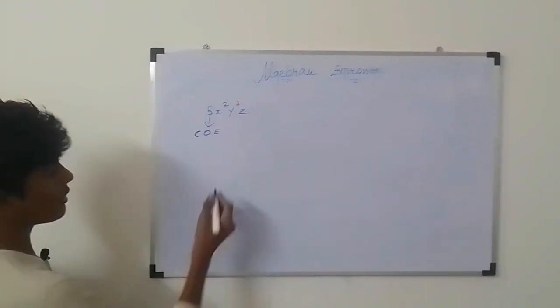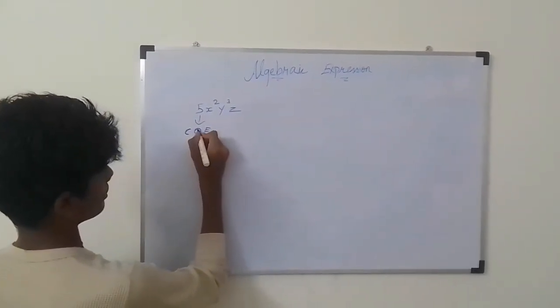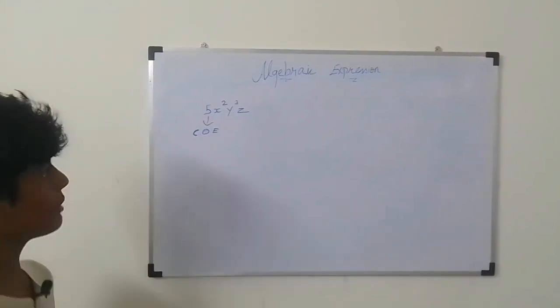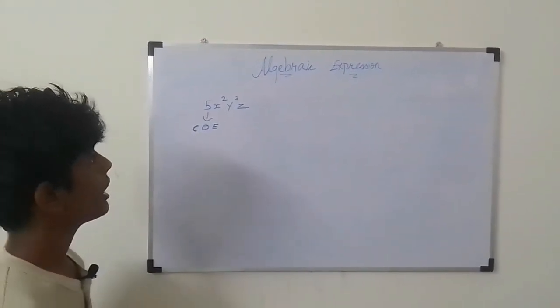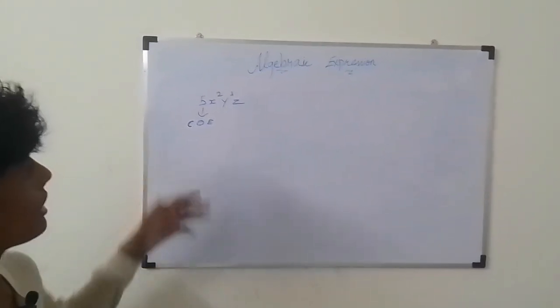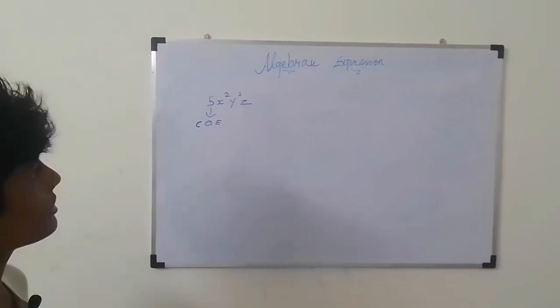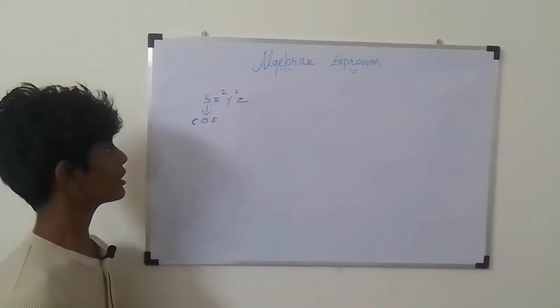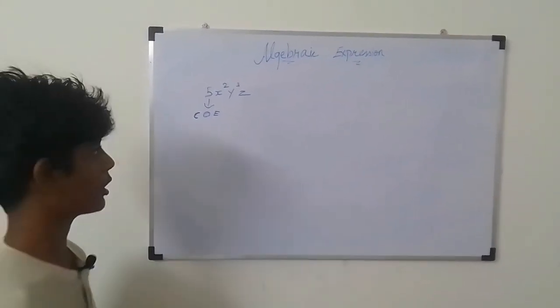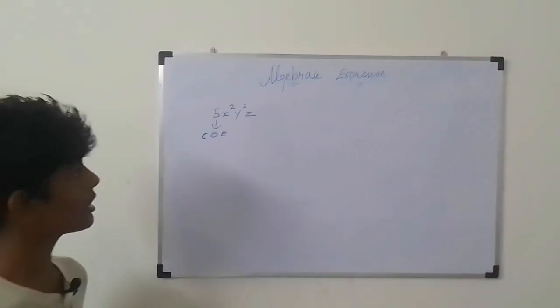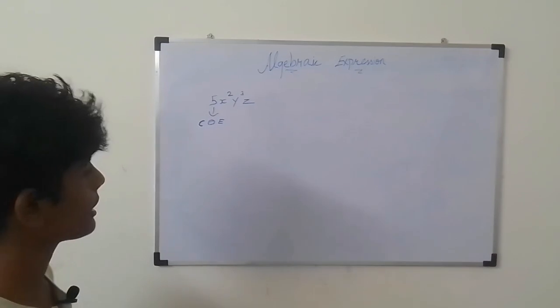In this formula, 5 is the coefficient, because 5 is the number which is not a square, not a cube, but a number in the formula itself. So if there is a number in the formula itself, other than the square and cube, then that is the coefficient of the formula. So that's basically the coefficient in algebraic expressions.